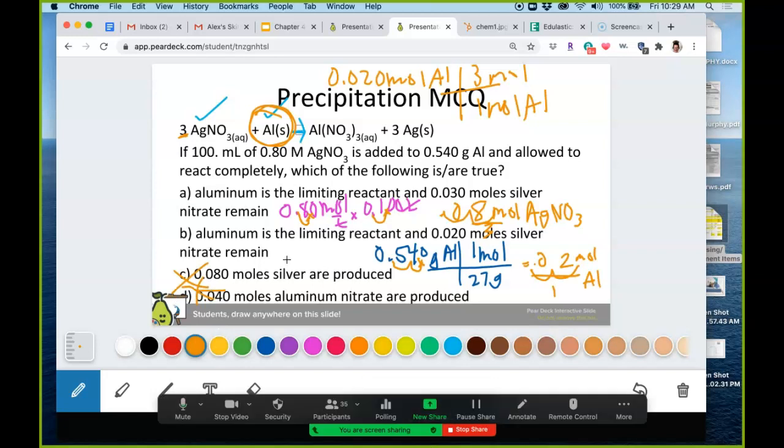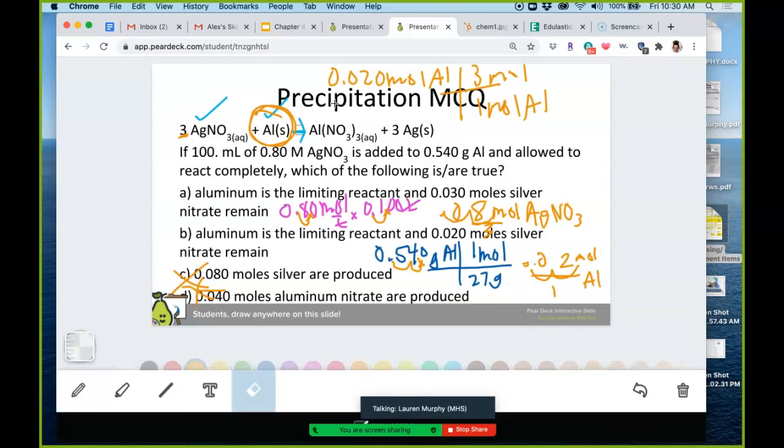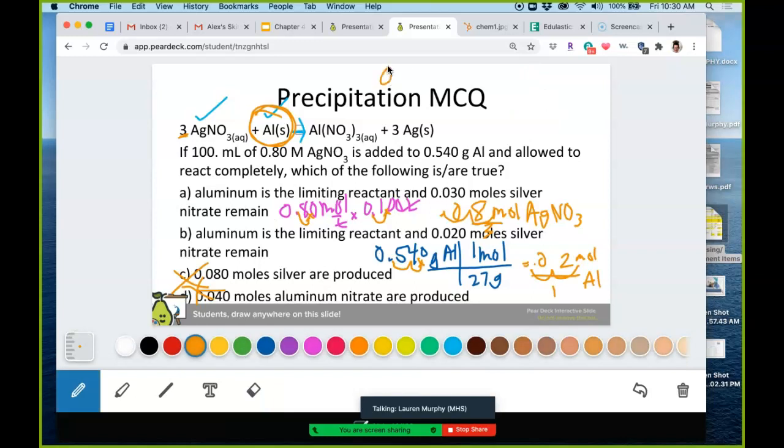Questions so far? All right. Both A and B are discussing excess. So now we're going to have to figure out the excess reactant, which is silver nitrate. So you say, okay, I'm going to do stoichiometry, 0.02 moles of my limiting. And for every 1 mole of aluminum that reacts, 3 moles of silver nitrate react. 0.02 times 3 is 0.06, 0.06 moles of AgNO3 that react.